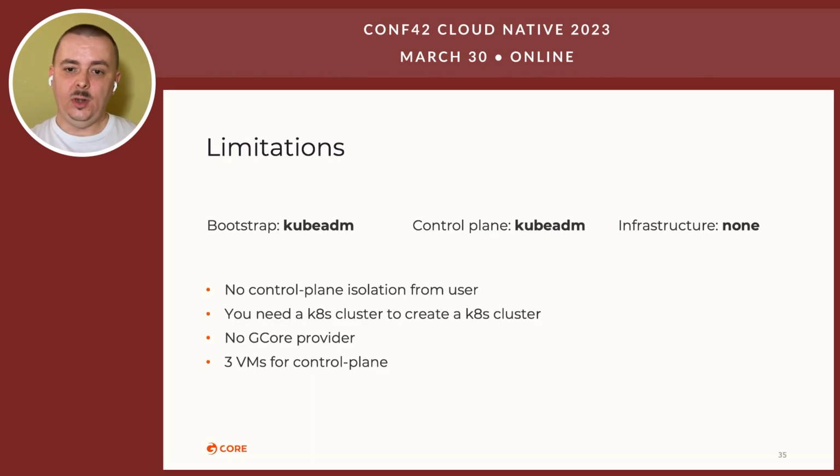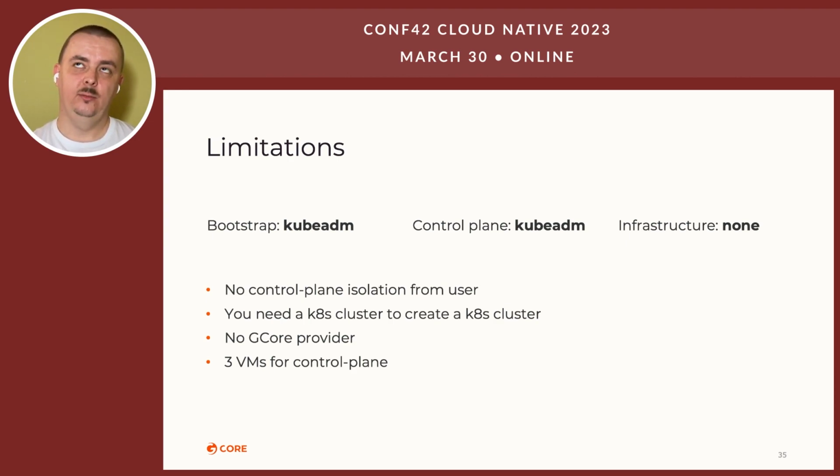So what are the limitations of the cluster API out of the box? We have kubeadm bootstrap provider, which is more or less suitable for us. And kubeadm control plane provider. That basically means that kubeadm will be used to bootstrap the control plane and to join workers to that control plane.